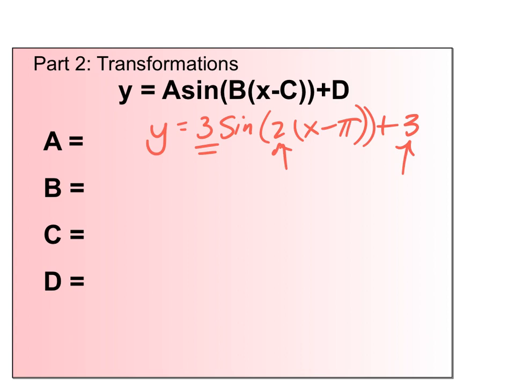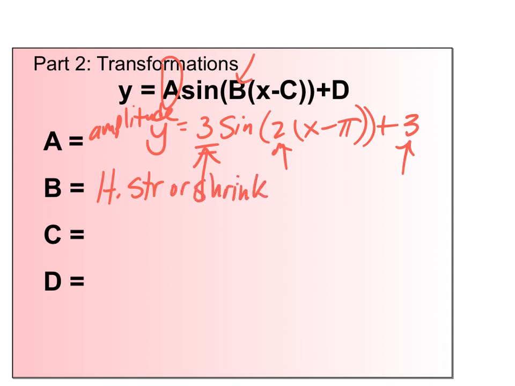All right, so these have names. This is called the amplitude. So it's whatever number's right there. This is just the B term, also known as the horizontal stretch or shrink. That's called, it's a shift, but it's special.